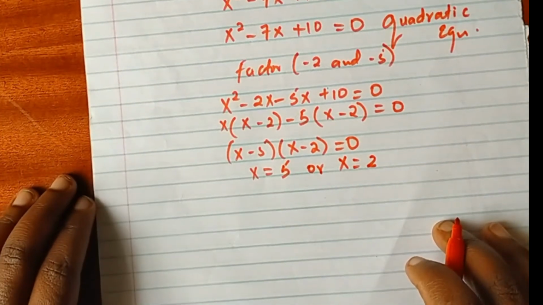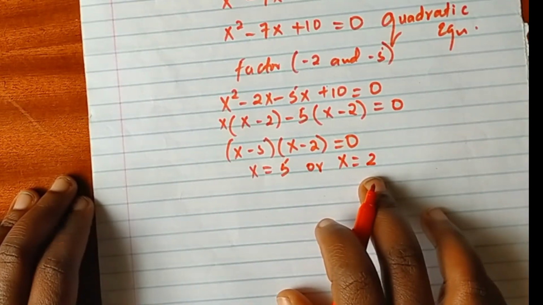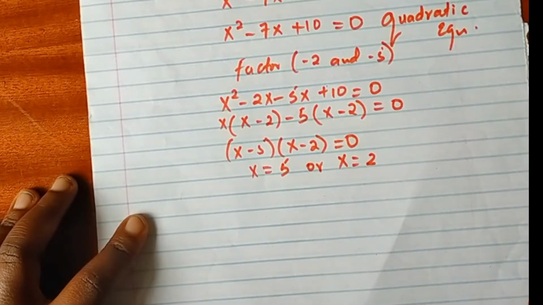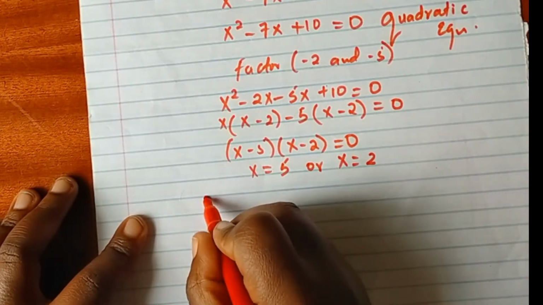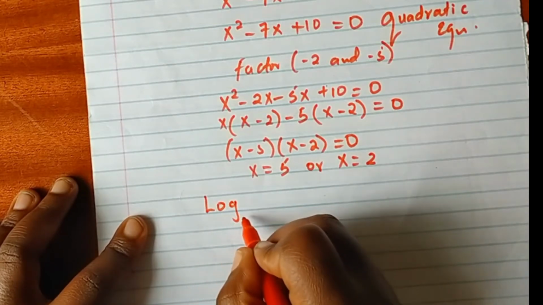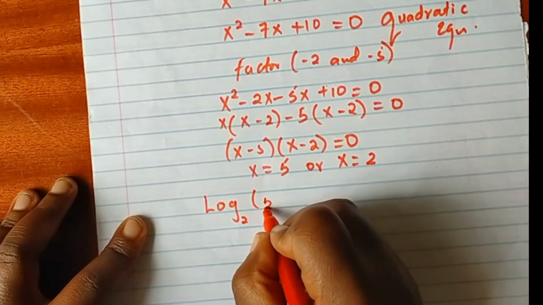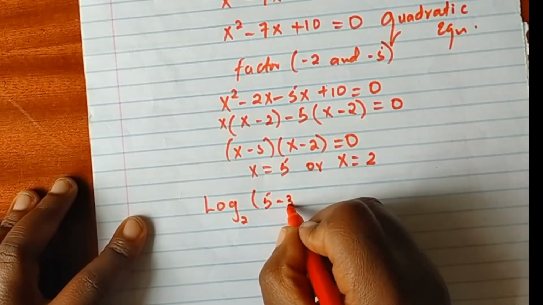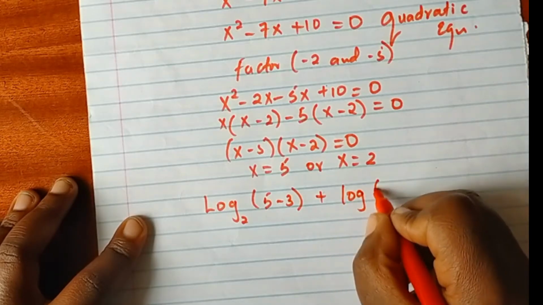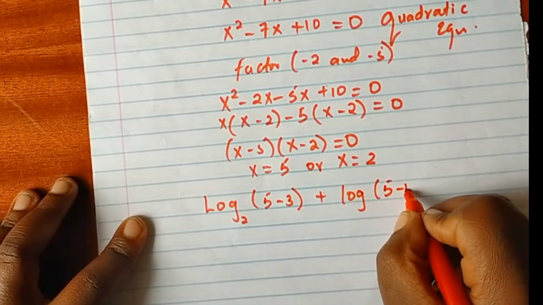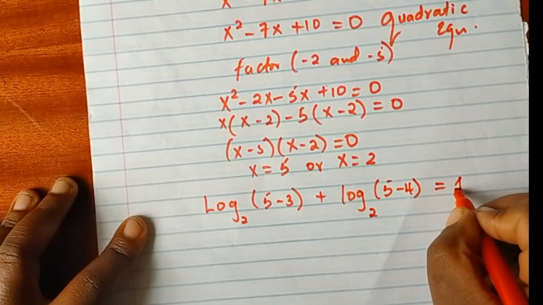Now we can go ahead and check whether both of these solutions will satisfy our original equation. Our original equation was log base 2. For 5, it will be log of 5 minus 3 plus log of 5 minus 4 to base 2 being equal to 1.